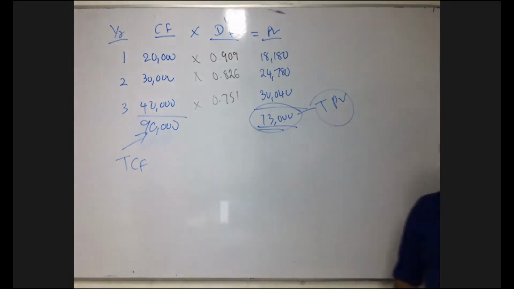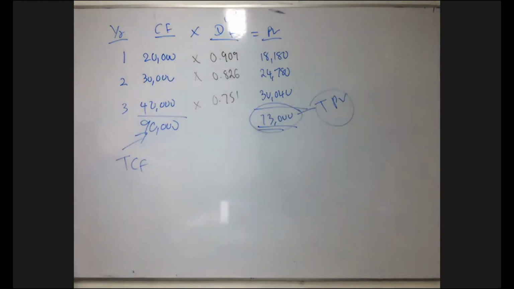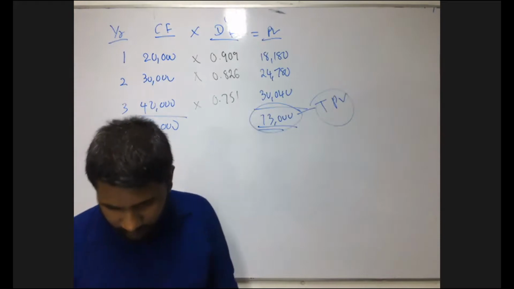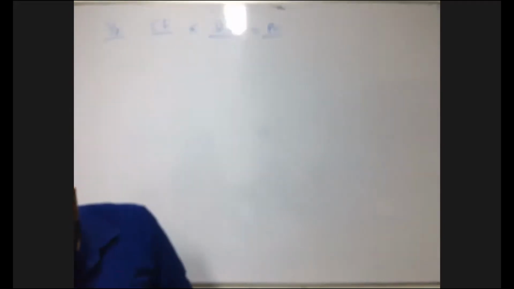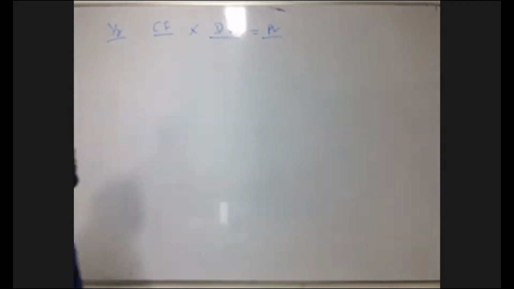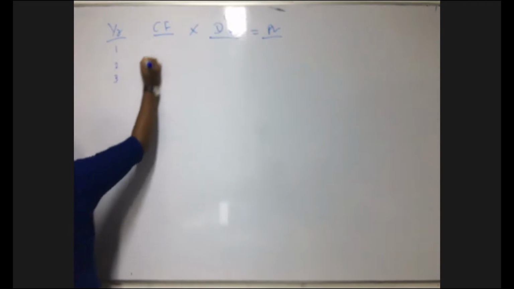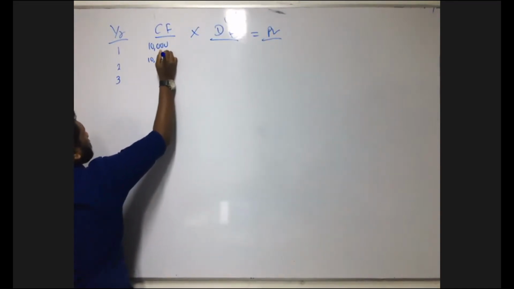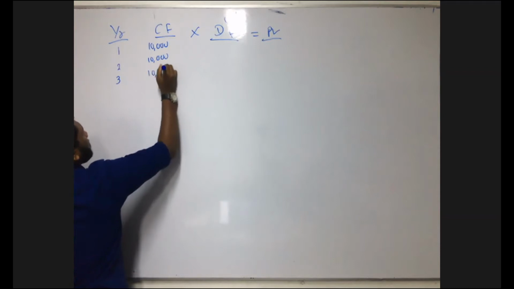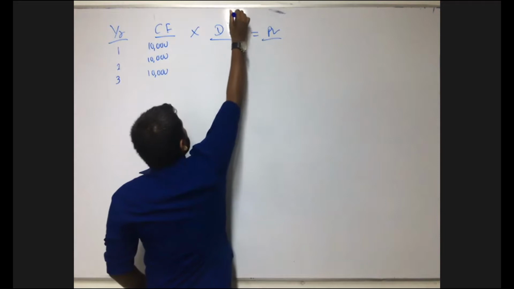Can you quickly do it, guys, and give me the answer? Is it 27,230? Good. Let's do it, guys. Year 1, 10,000. Year 2, 10,000. Year 3, 10,000. And the rate I have given you is 5%.